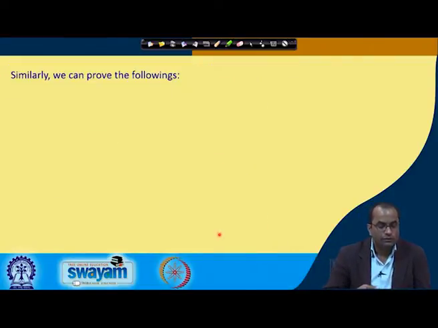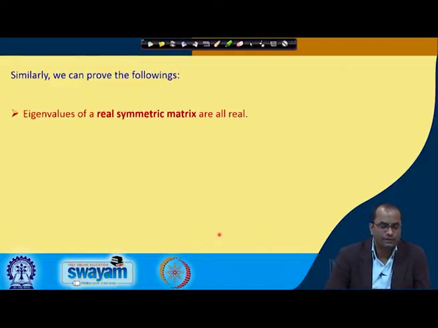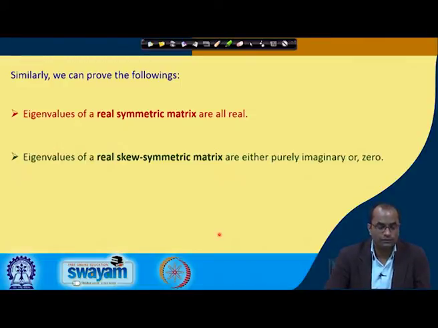Similarly, we can prove the following results, which follow the same lines as the proof we have just done: the eigenvalues of a real symmetric matrix are also real. And for the eigenvalues of a real skew symmetric matrix, that means A transpose is minus A, they are purely imaginary.